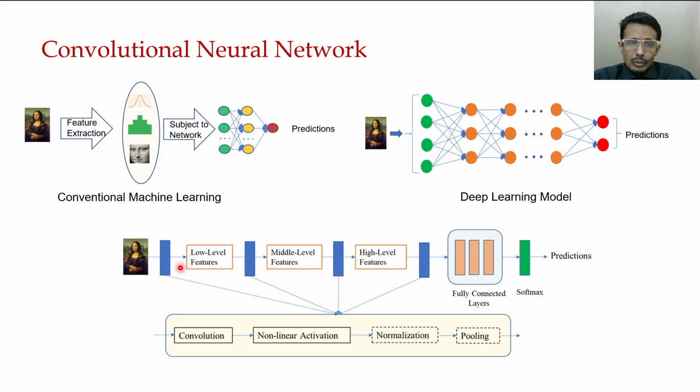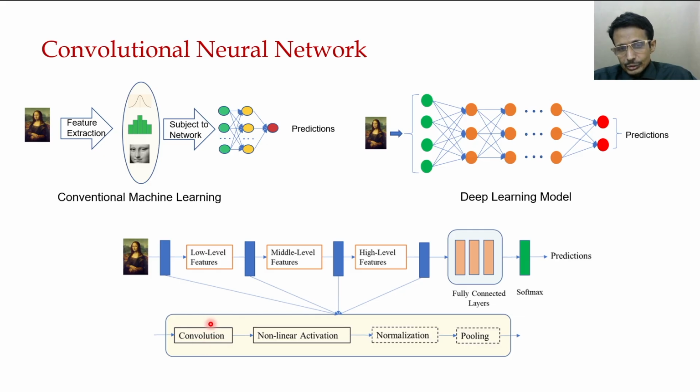But what we have to understand here is the architecture of this layer. This particular layer in general consists of these blocks. First of all is the convolution block, and what the convolution does will come next.